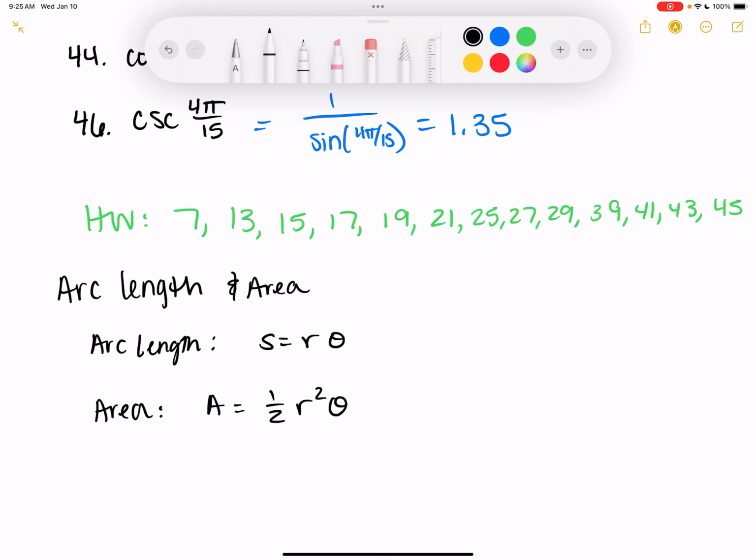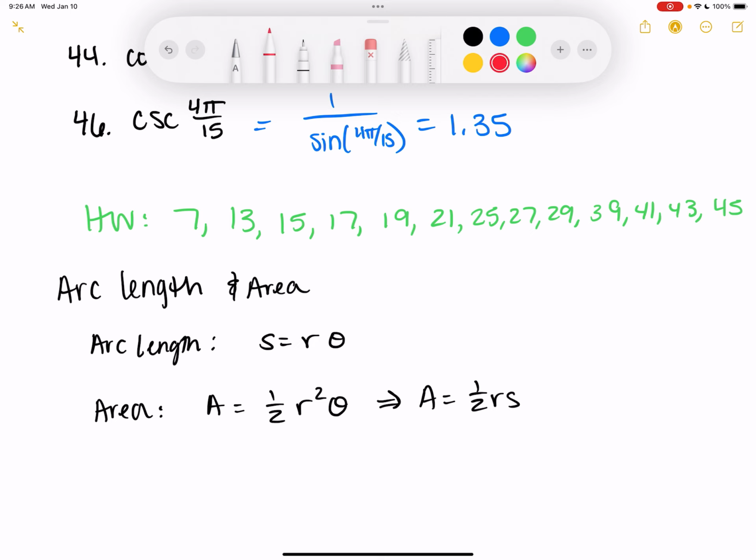Sometimes you'll see a modified formula, and what I usually use, because 95% of the time we're finding arc length first, is we can actually use that arc length formula to find area. So area is equal to 1/2 RS, because R theta is in here, and so if we just tack on another R and then the 1/2 to the arc length formula, we have area. So I'll typically use this one, but you don't have to.